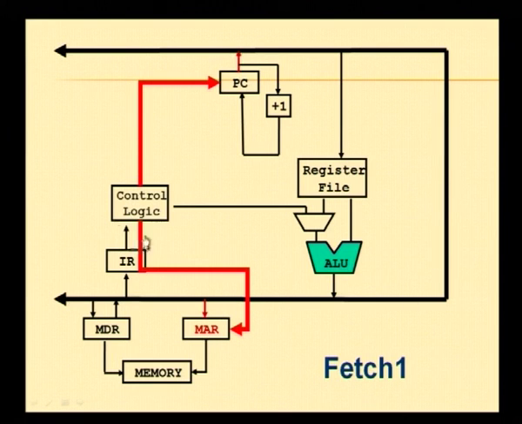Okay. So look at what the control logic will do now. The control logic now is generating a signal to the PC, telling the PC that you output whatever data you have here, that address that you have here, onto the bus. So that address now is available on the bus. Okay. Now at the same time, the control logic tells the memory address register that you take the value that is available on the bus and store it inside.